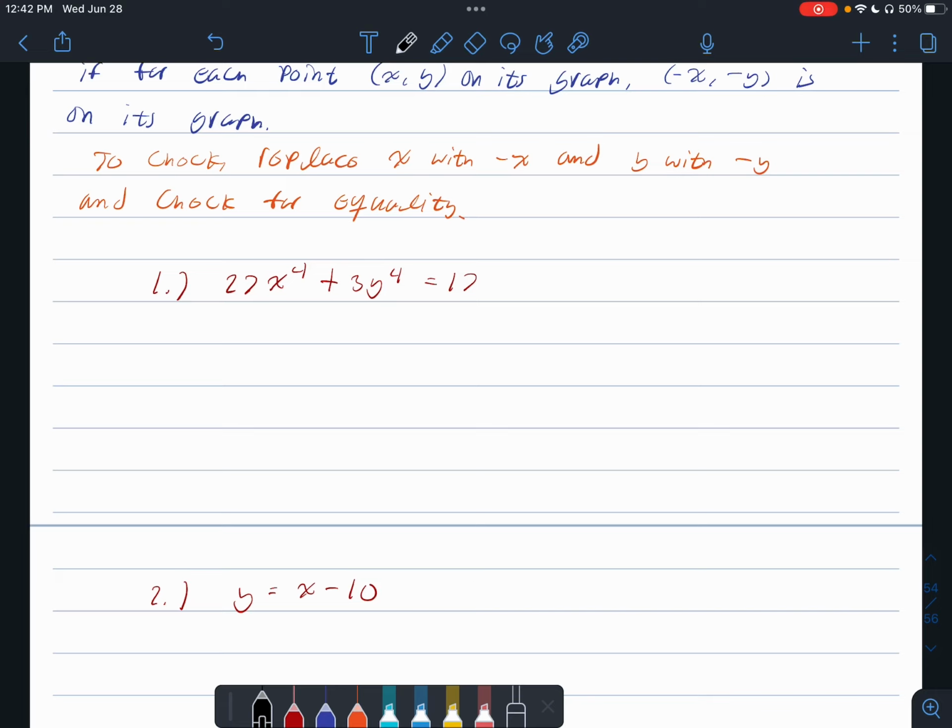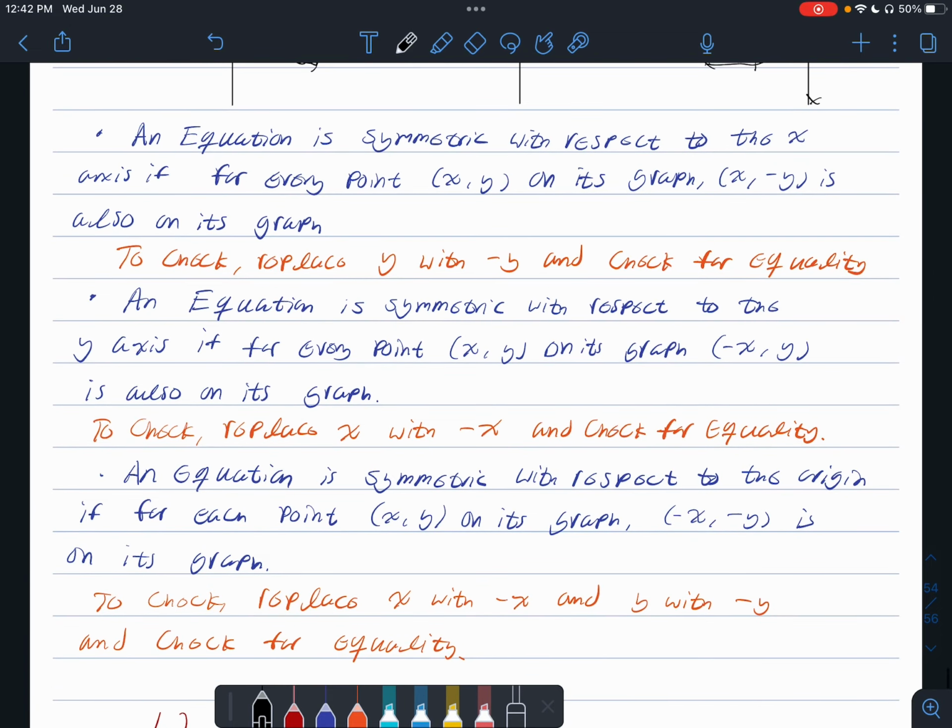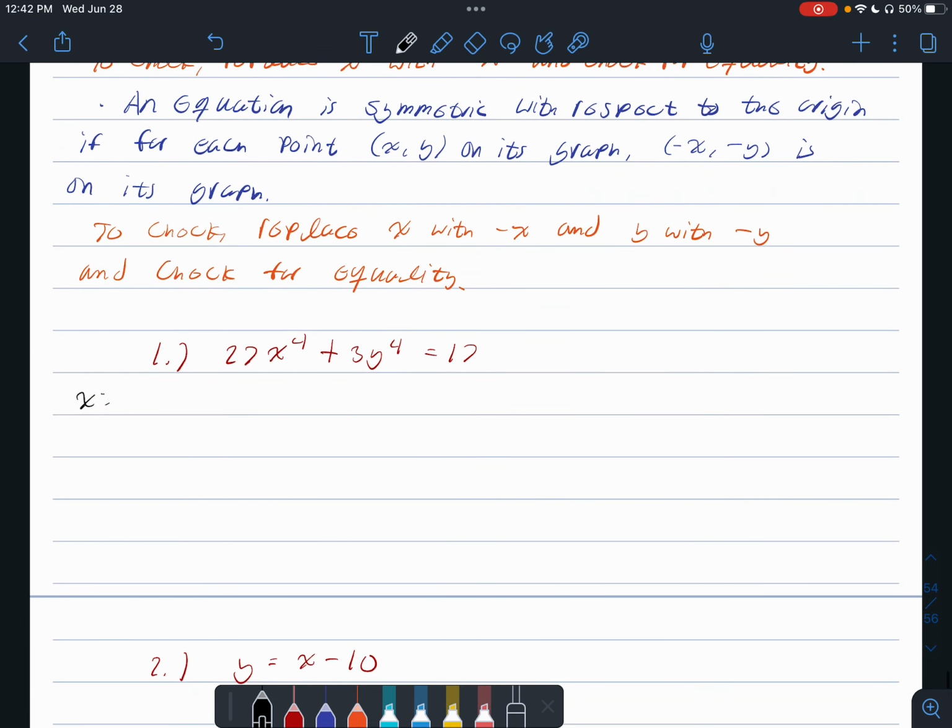Let's check with respect to the x-axis. Remember, if we want to check for symmetry with respect to the x-axis, we replace y with a negative y and see if we can find equality. So we'll have 27x to the fourth plus 3 times negative y to the fourth is equal to 17.